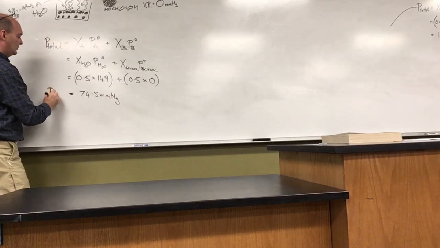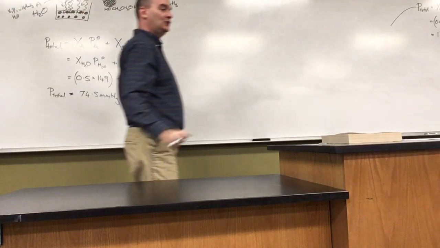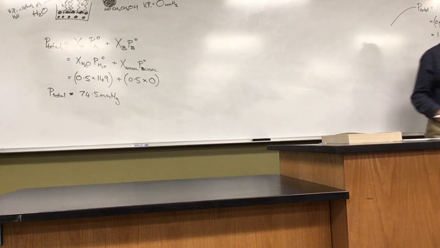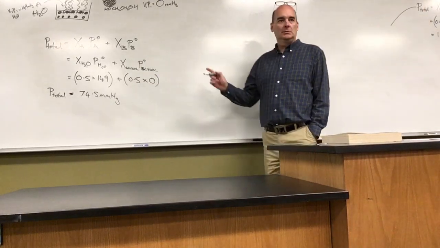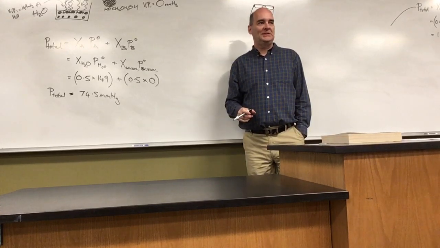Okay, P total, the vapor pressure of this mixture should be 74.5. It isn't. The question tells you when they measured it, it was 67.